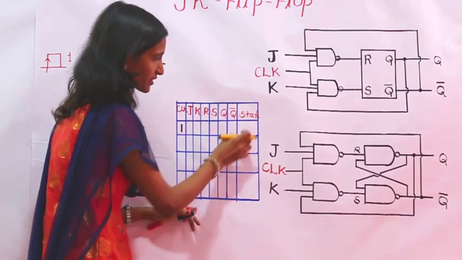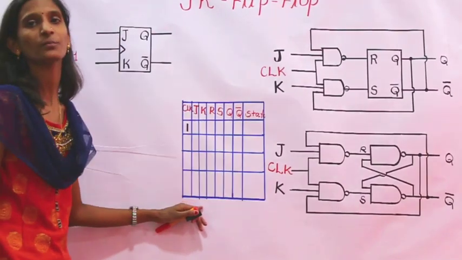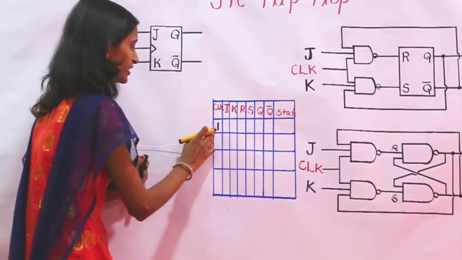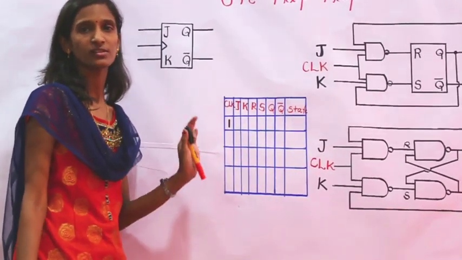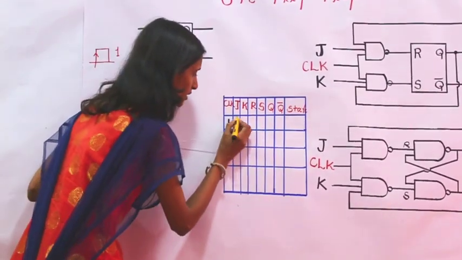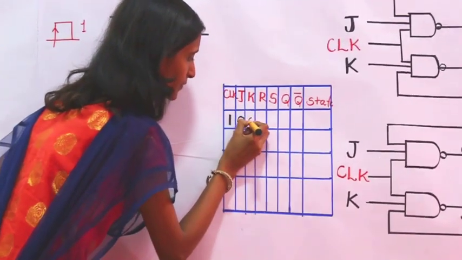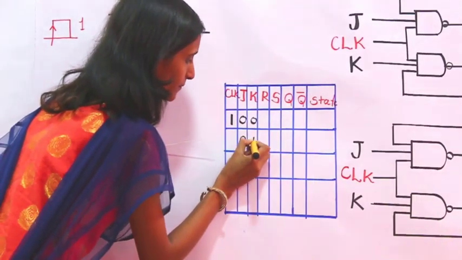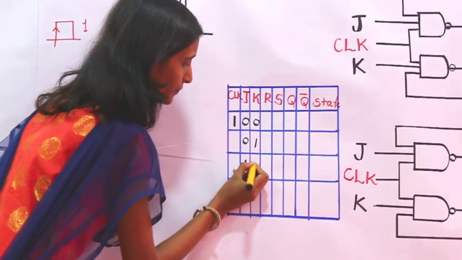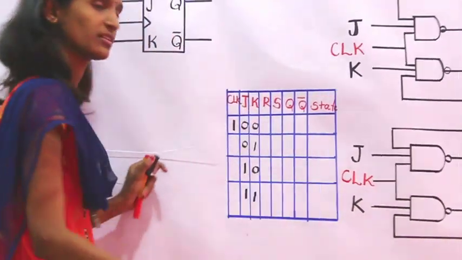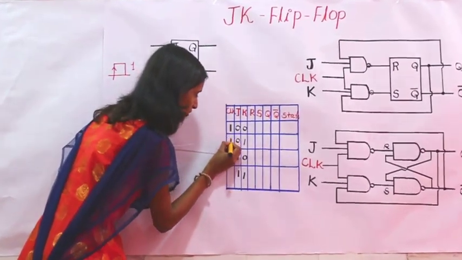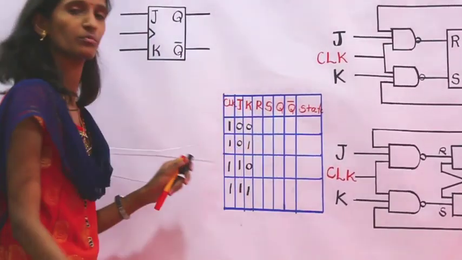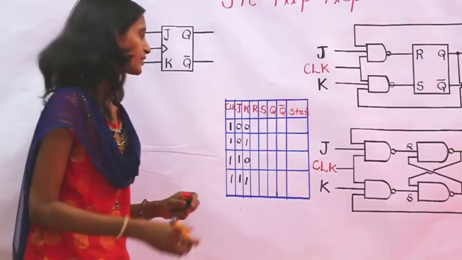According to this, I can mention the state, which is the operation. I will consider 0 0, 0 1, 1 0 and 1 1 conditions as per our truth table, giving a high clock pulse to each case.